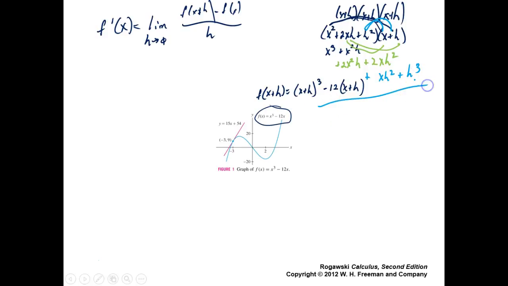Now we're going to add all those together. I want to go back to our dark color. Okay, that'll be an x cubed plus 3x squared h, right? 1 here and 2 there.